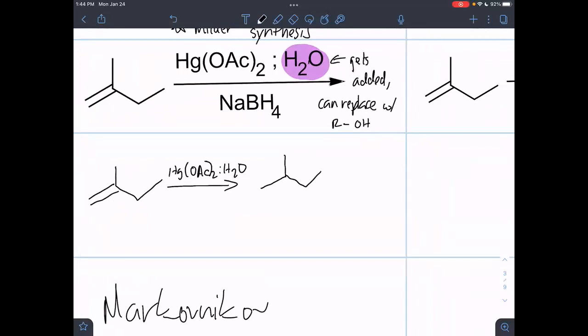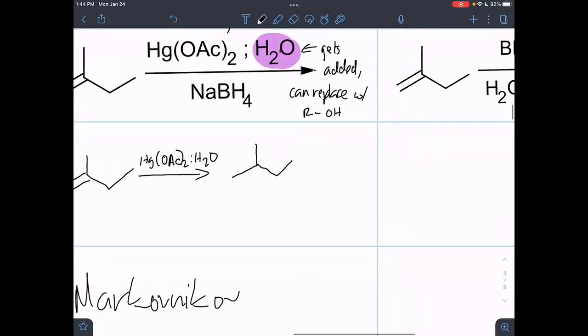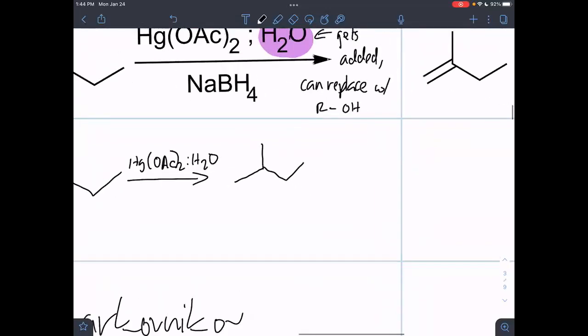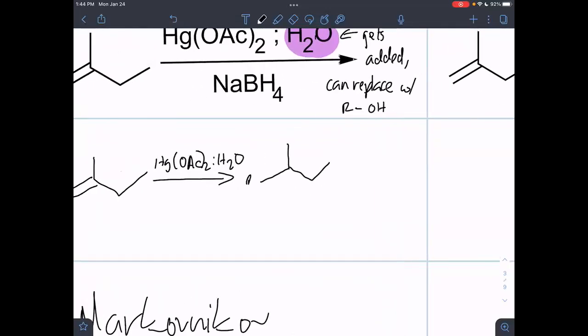So does anyone remember this from Orgo 1, what the partial positive is going to go on? Yeah, the mercury, but on the carbon-hydrogen side. Since we're attacking this double bond, which side is the partial positive going to go? Yeah, so it's going to look something like this.